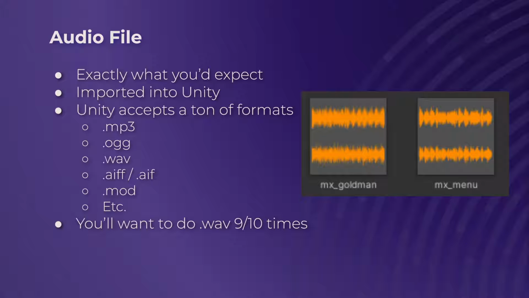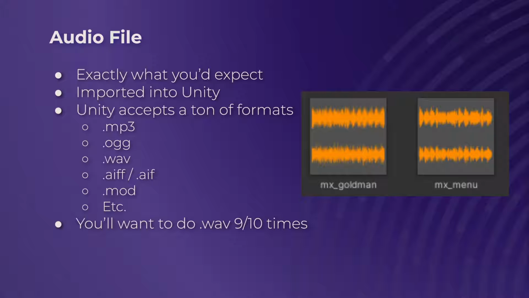There's MP3s, there's Vorbis files, there's WAVs. You can use Audio Interchange File Format if you want to be unique and quirky, I guess, and you can also have tracker modules. It supports a lot of stuff, but generally it supports the things that you want, like WAV files, Vorbis files, and MP3s.